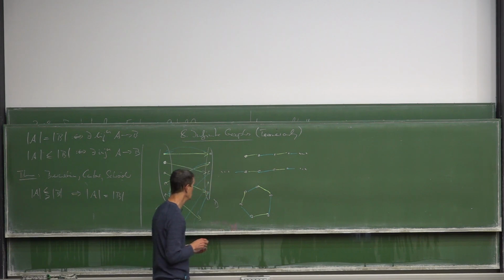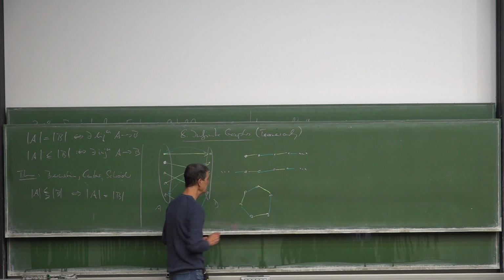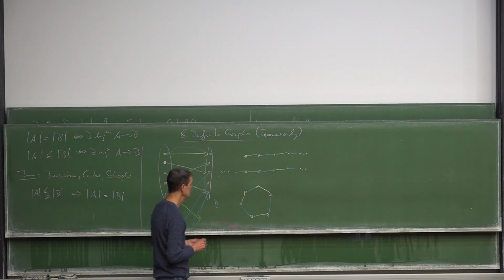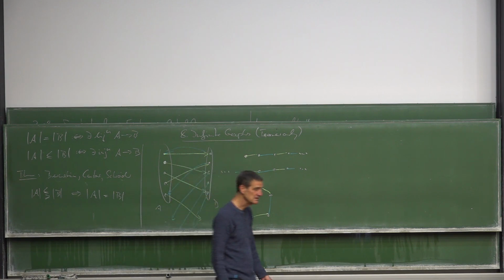So yeah, we can have infinite paths, that can be either one-way or two-way. And we can have finite cycles. And if we have a finite cycle, obviously, it has to be an even cycle. Okay, so these are the possible components.